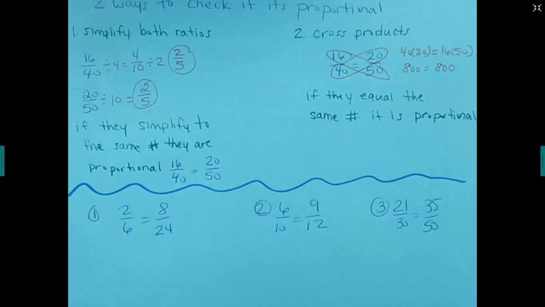Alright, so once you have your answer, the poll is in the chat. You're either writing yes or no. You're either simplifying or cross multiplying. It honestly does not matter to me. Whatever you're best at, whatever you're more comfortable with. So we're doing all 3 questions.